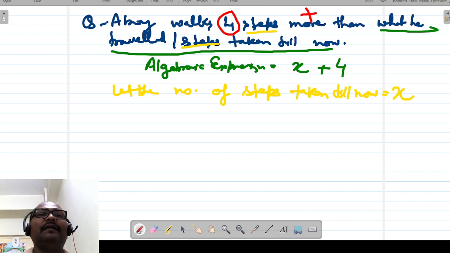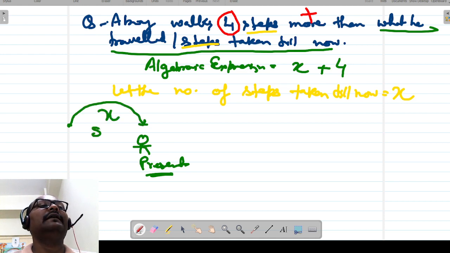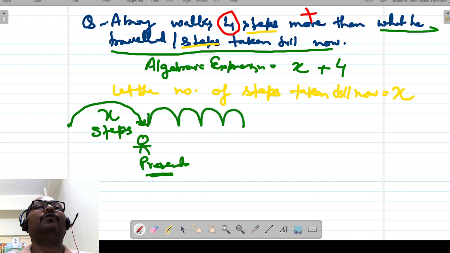Suppose a boy started from this step, right? He actually started from this time, but we are discussing the present status, the present position. He had taken x steps prior to that. Now after that he took 4 steps: 1, 2, 3, 4.